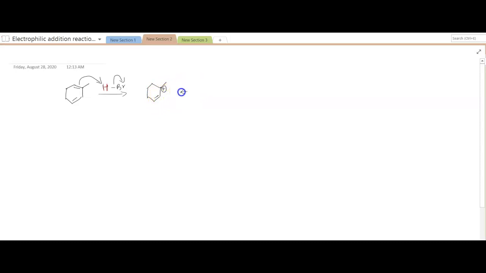It can undergo resonance where the positive charge can move over to this carbon atom. The methyl group is here, and we have a double bond in this case. So this is a scenario where the addition happens at this double bond.